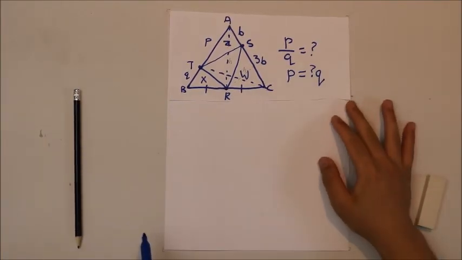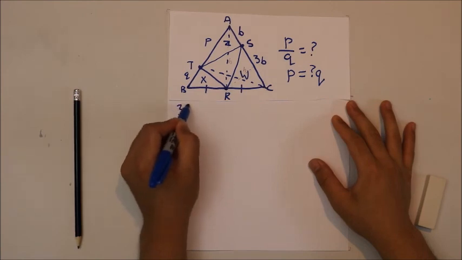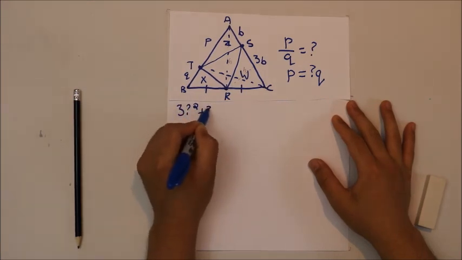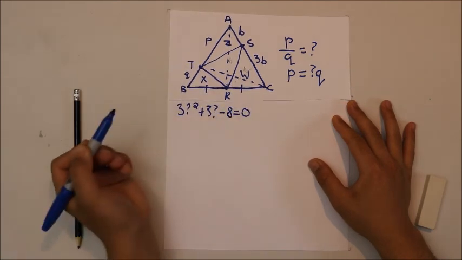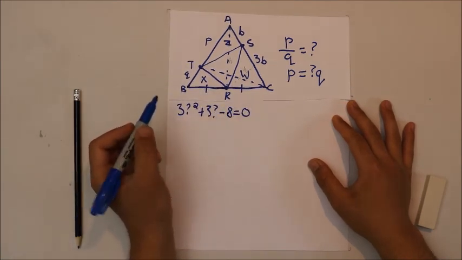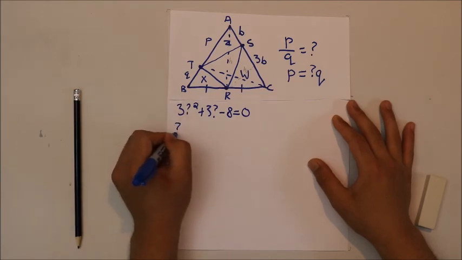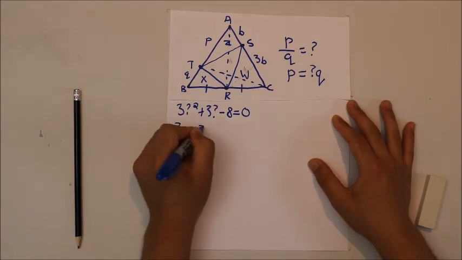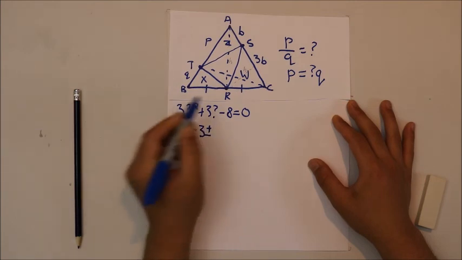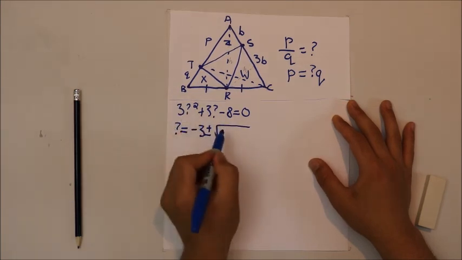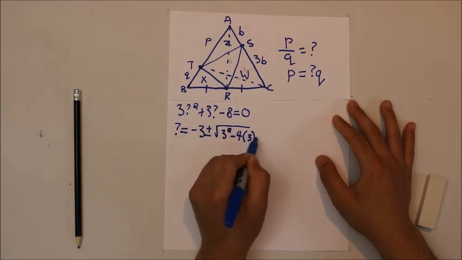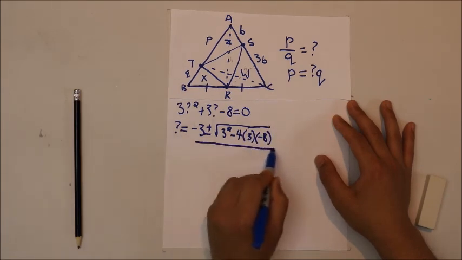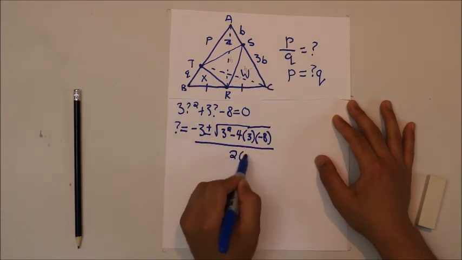So now we can plug our equation, 3 question mark squared plus 3 question mark minus 8 equals 0, into the quadratic formula. And when we do that, we get question mark equals negative 3 plus or minus the square root of 3 squared minus 4 times 3 times negative 8, all divided by 2 times 3.